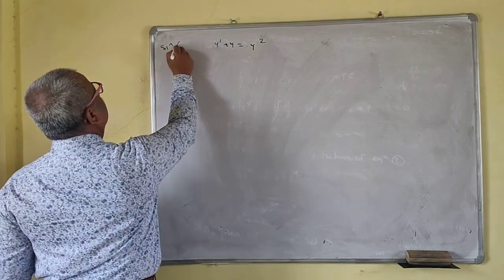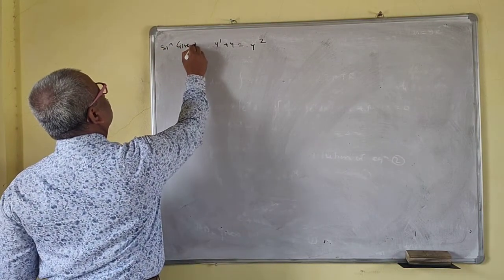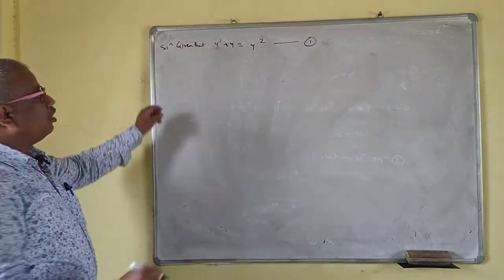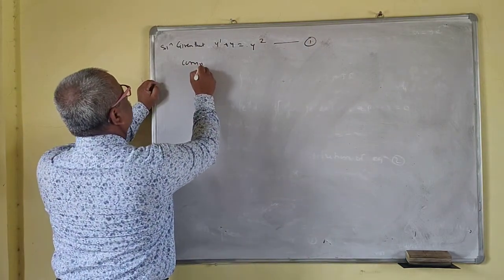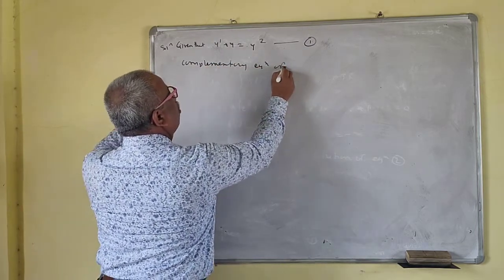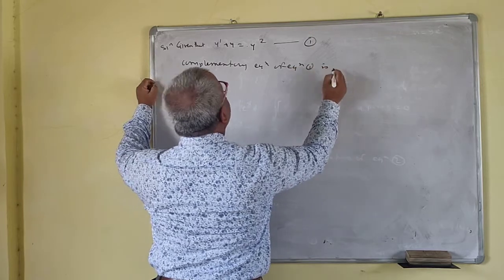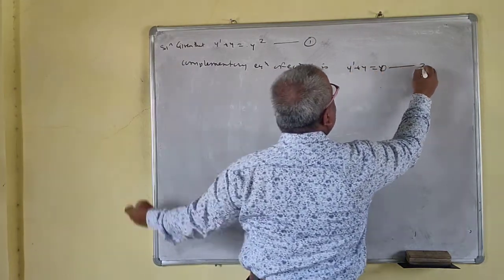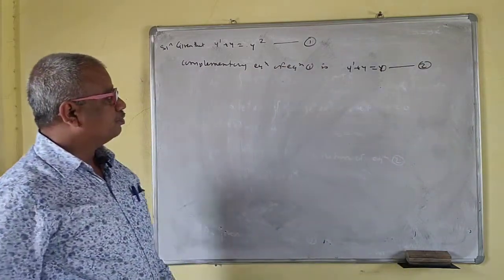Solution. Given that, well, this is 1. Okay. So the complementary equation of equation 1 is y prime plus y is equal to 0. We call this as 2.